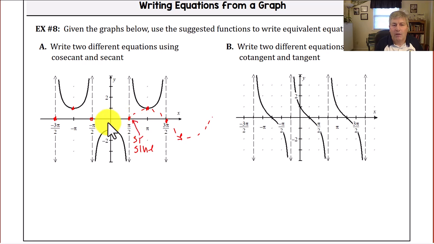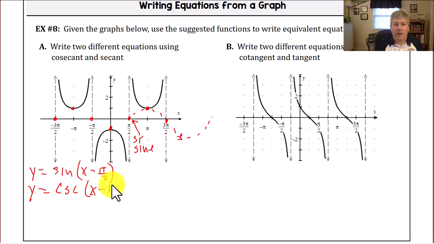So our sine curve has just been shifted pi over 2 to the right. So for sine, we would have y equals sine of x minus pi over 2. So then our reciprocal function would be y equals cosecant of x minus pi over 2.